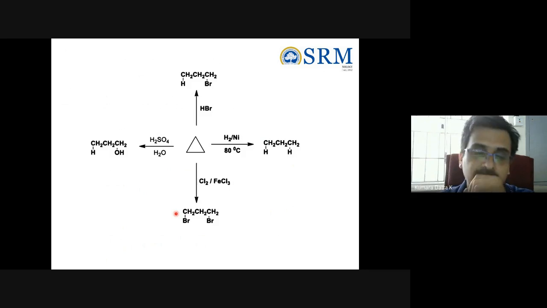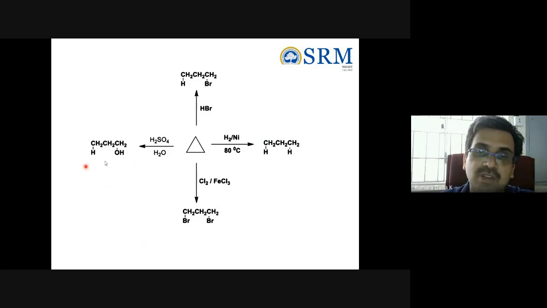Further, we took note of 2 sets of examples. What happens when we add hydrogen bromide, or hydrogen, or add chlorine or bromine with iron chloride. So this should be bromine in iron bromide and sulfuric acid.